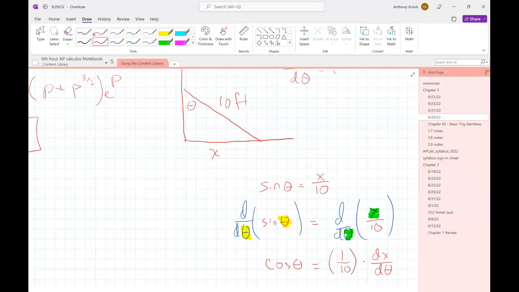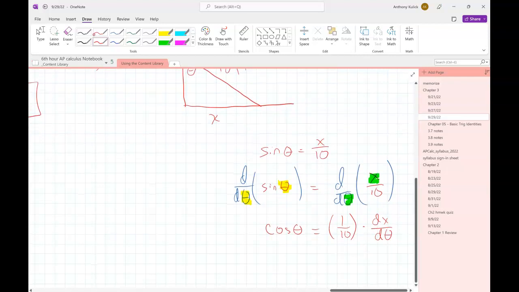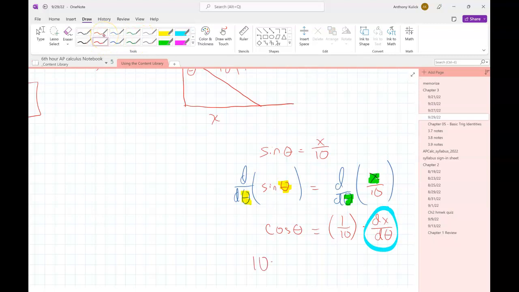Over here, by the same reasoning, I'd have a dθ/dθ, which is why we never write it. When the variable you're differentiating with respect to is the same as the variable you're differentiating, you get no extra differential pieces. But if the variable is different, you get that extra differential piece, which is what we needed, because this is what we're asked to solve for. So I just multiply both sides by 10.